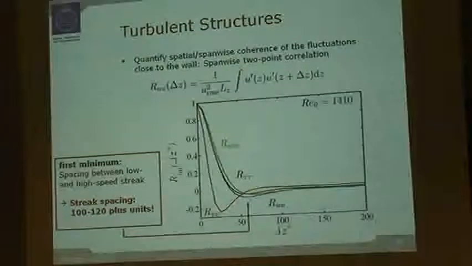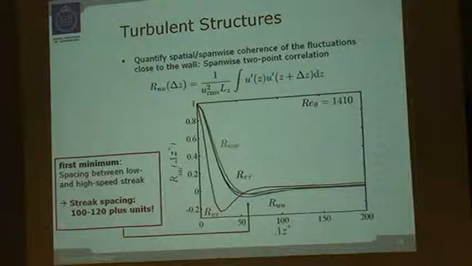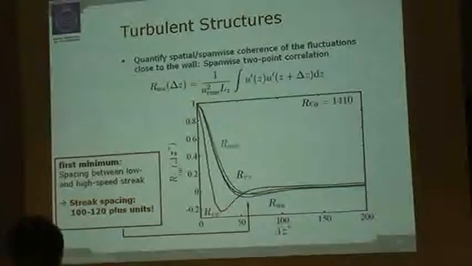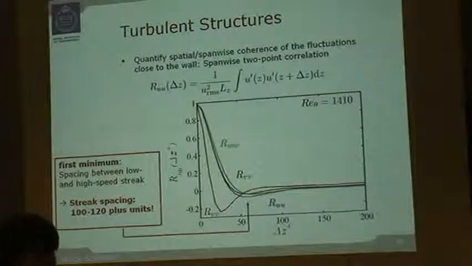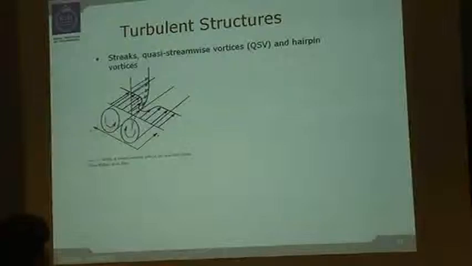So from a plot like this, which we can calculate from a turbulence simulation or from an experiment, we can directly deduce, okay, we have a minimum at maybe 50, 60, so the streak spacing will be 100 plus. This is a nice way of computing the coherent structures close to the wall.